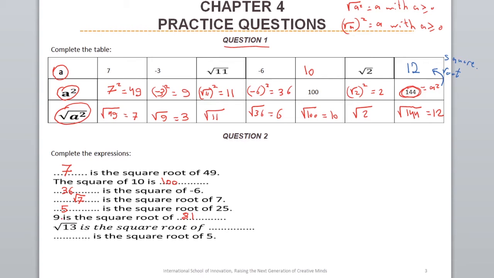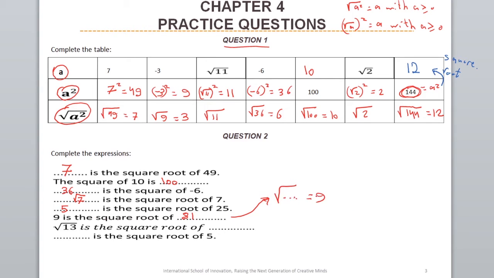Let's go back to 9 to explain it more. 9 is the square root of what? If you want to solve it without memorizing, radical what gives 9?